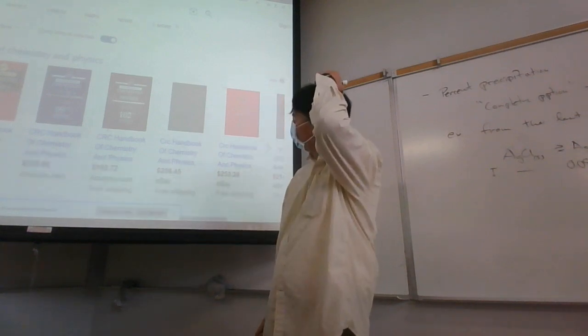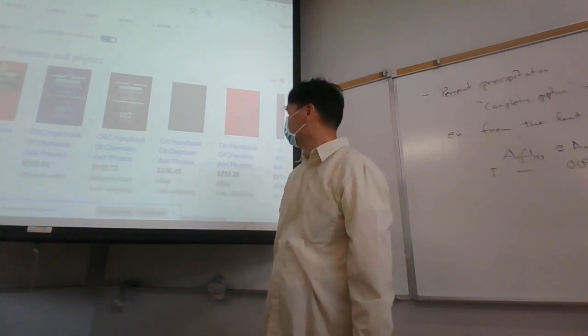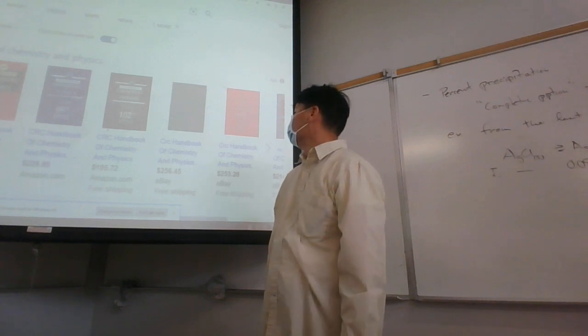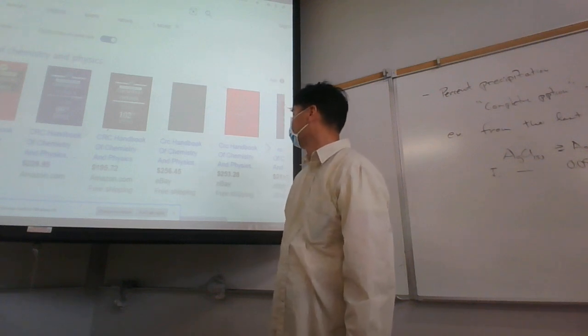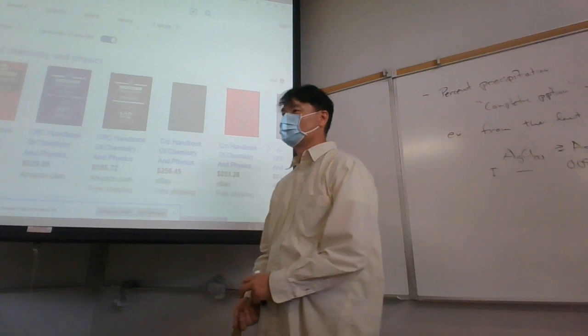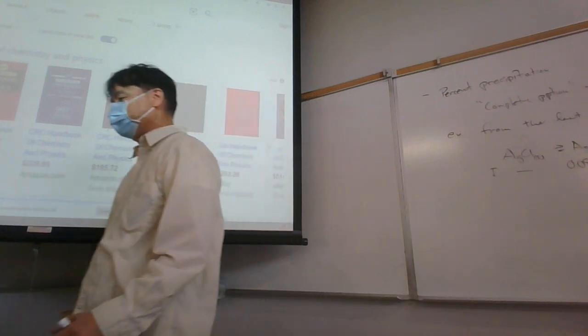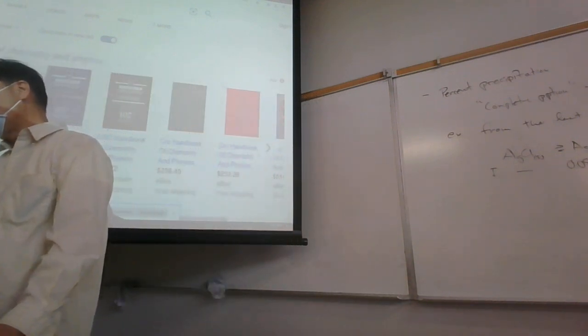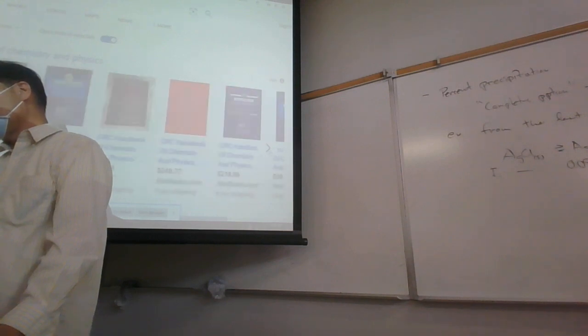So they're not sharing this with everyone. No, you have to pay for it, because it's a lot of work to make sure you have the latest numbers. I have this book myself. The 56th edition.